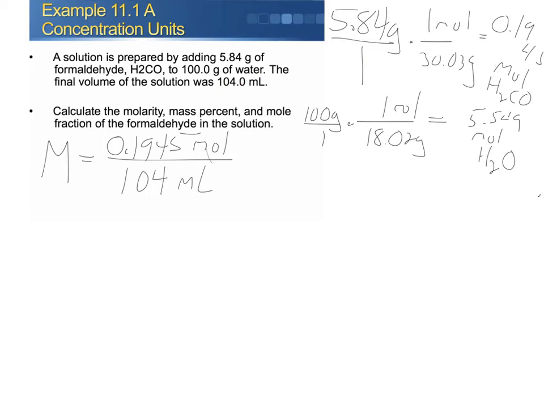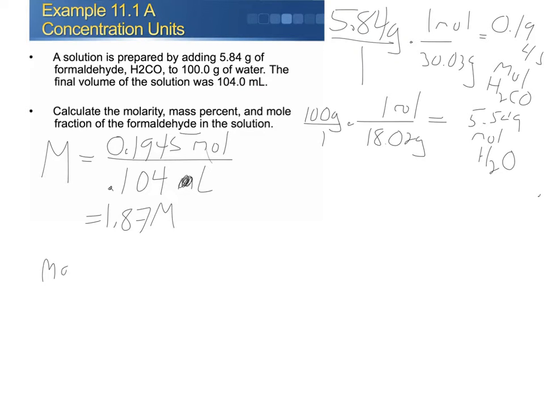Sometimes they give you the density, and you have to figure out what the volume is. So it wouldn't be too much of a stretch to do that as well. Oops, I'm sorry, this should be 0.104 liters. I got that wrong. 0.104 liters gives 1.87 molar.